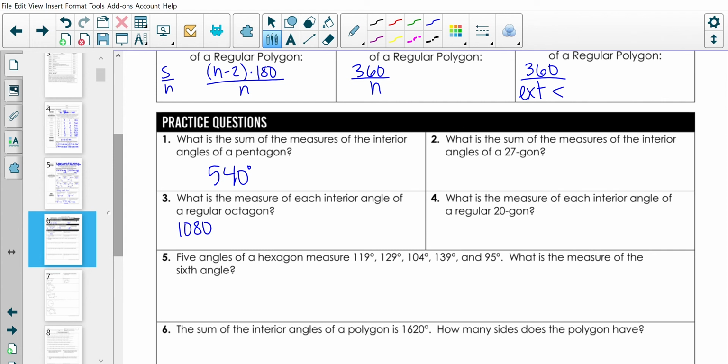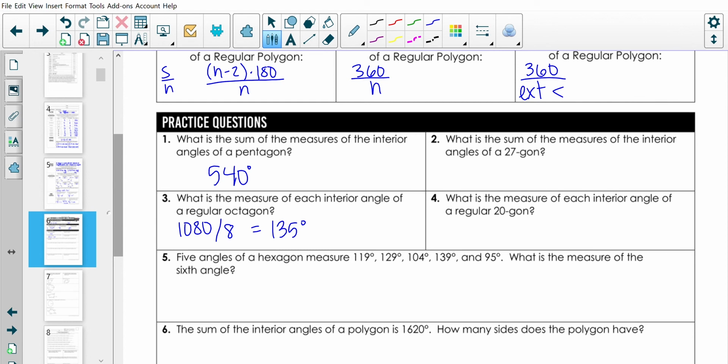And how do I find what each angle is? By 8, how many sides it has. And you get 135 degrees.